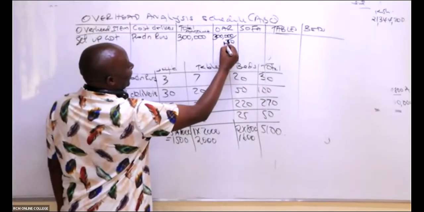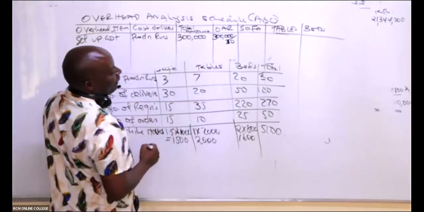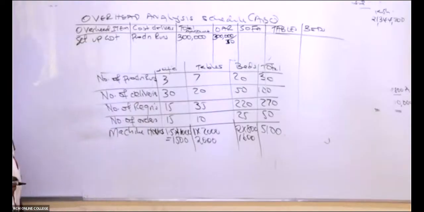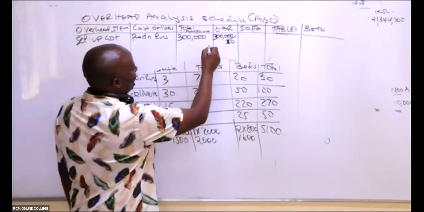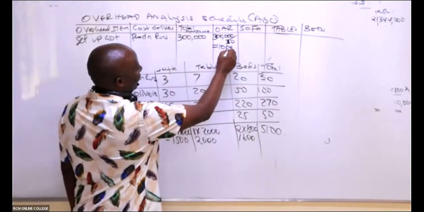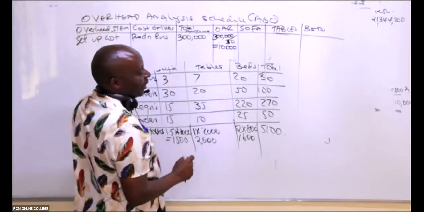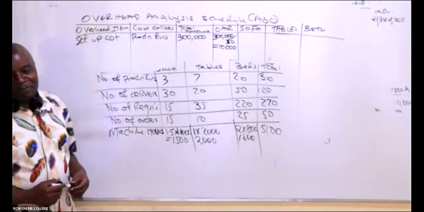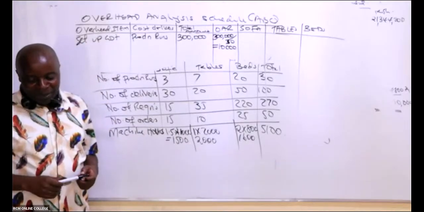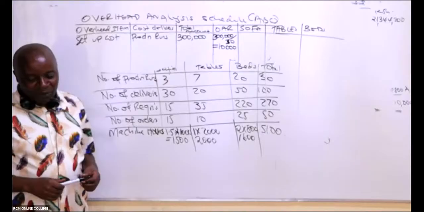Divided by 30, I'm given a figure of 10,000. So this is 10,000 per run.